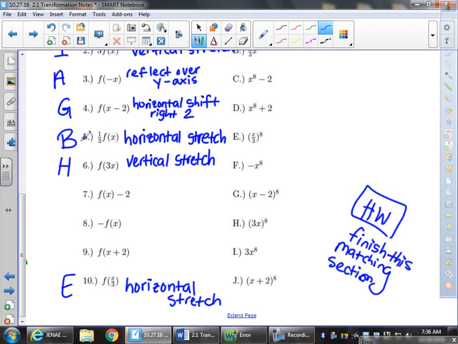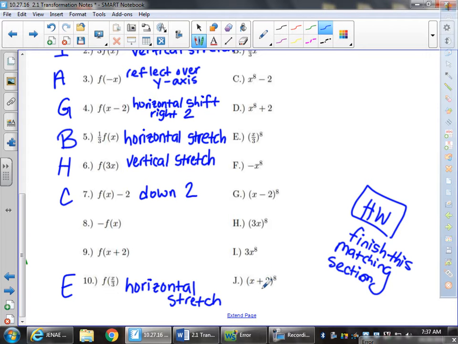Number 7? Who said C? Good. C. People who said C, let's help people who put J realize what your thinking was for C. What did you say? Down 2. So let's see what J looks like. What's the difference between this one and what this one says? It's on the inside.